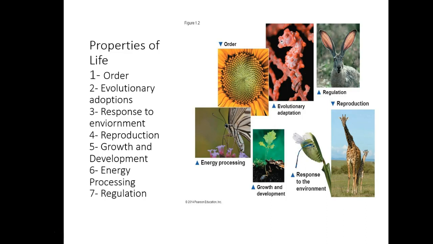We respond to the environment, meaning we as life, I'm including myself in life. If there is an abundance of food, the birds, etc., might have more children. If there is less food, fewer children.